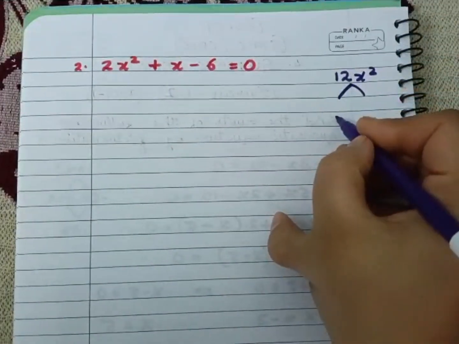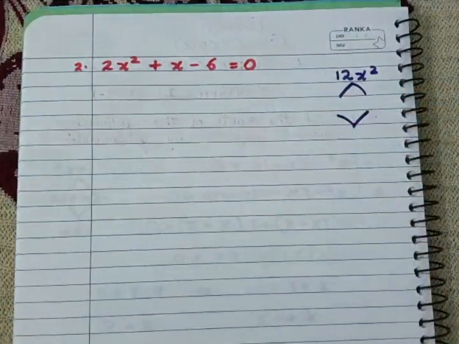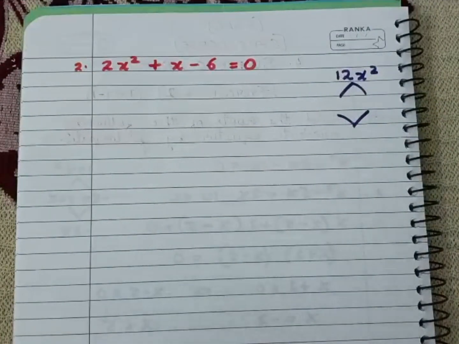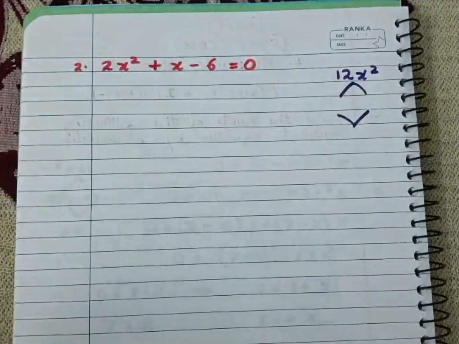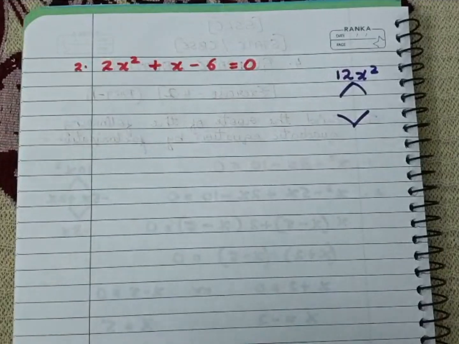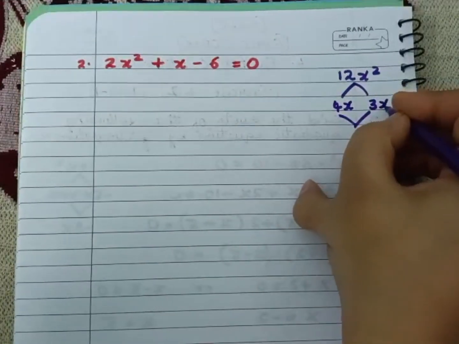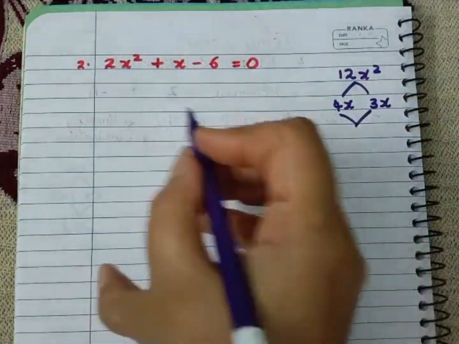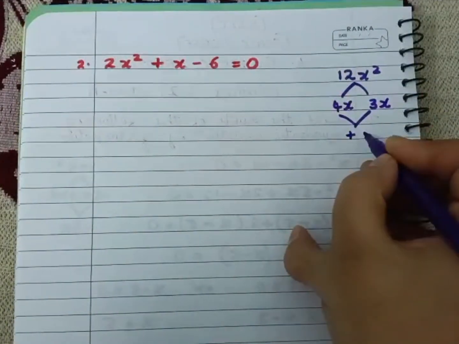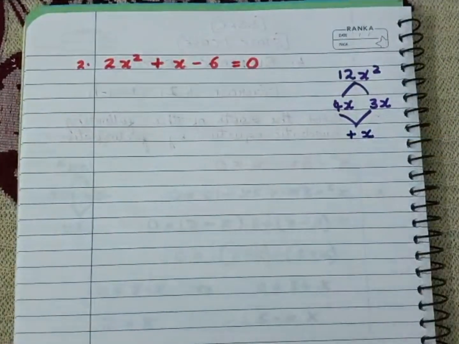Now here if we multiply we have to get 12 and if we add or minus we have to get 1x. Okay. How we are going to get 12? 4 threes are 12. 4x and 3x. Here we have plus 6, so I'm going to write plus x.